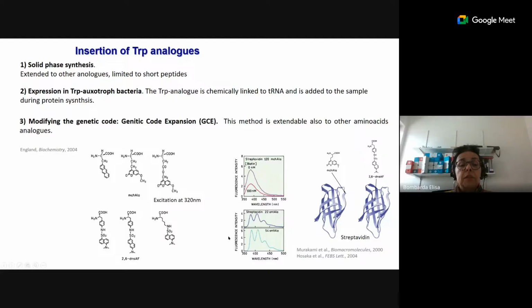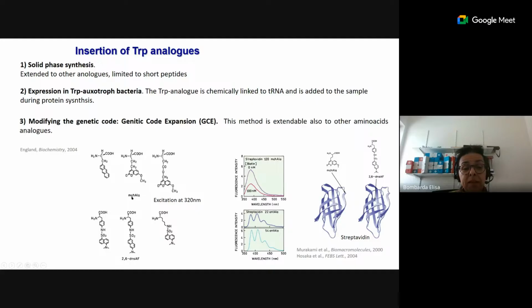And what I want to say, so these are examples of analogs of other amino acids that may also be modified in order that they become fluorescence probes. So that is the basis. Here is alanine.